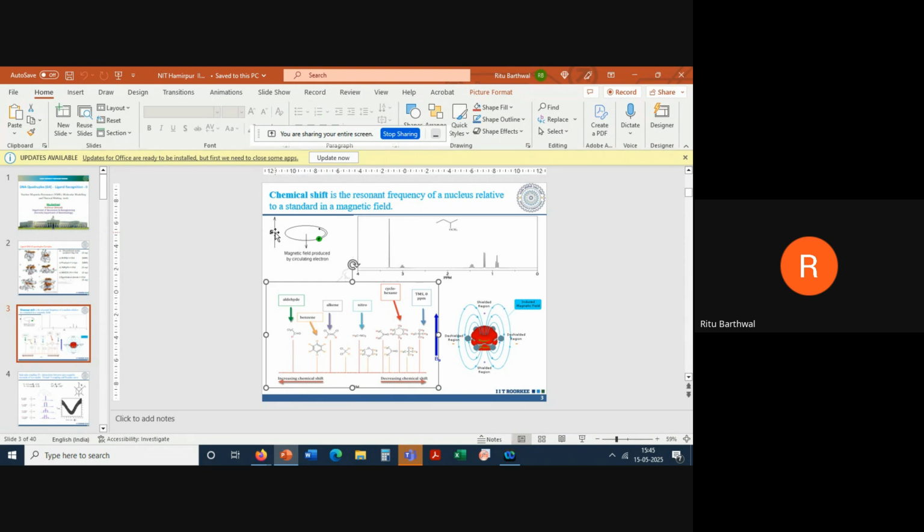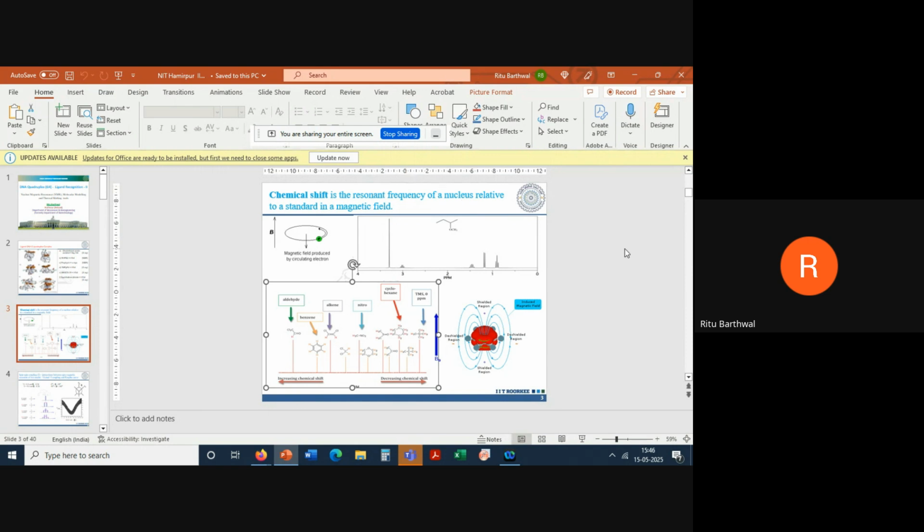No, it will actually be reduced by this, because the field that the proton will see is the outside magnetic field minus the magnetic field produced by the electron, which means instead of resonating at 500 megahertz, it will really resonate at something like maybe 499.98 megahertz. The difference is only this much.